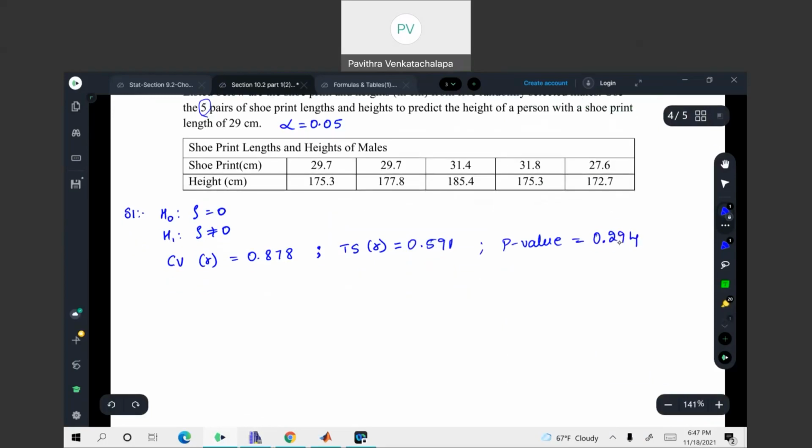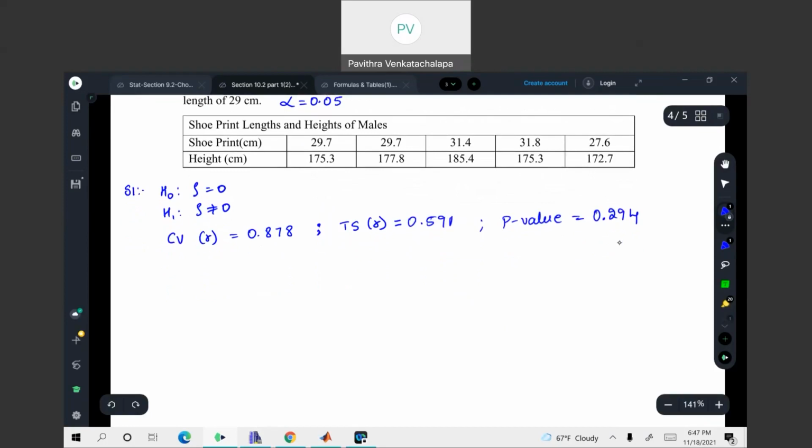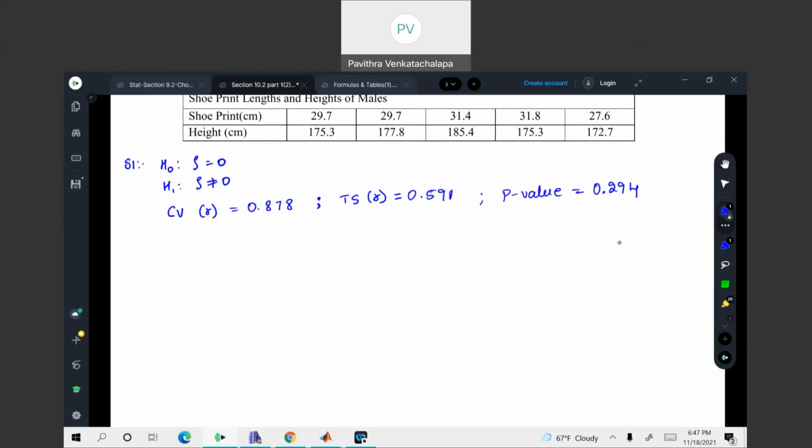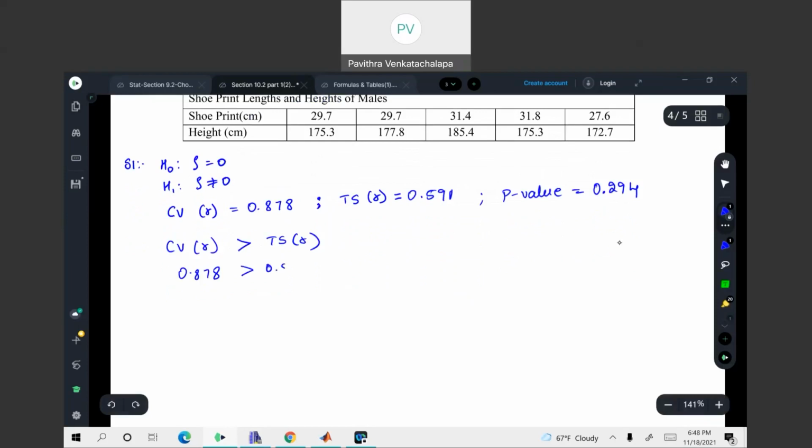Once you get this, you can either compare the critical value with the statistic or compare the P value with alpha. We have both, so let's do both comparisons. The critical value R is greater than the statistic R, right? Because this is 0.878 and this is 0.591.